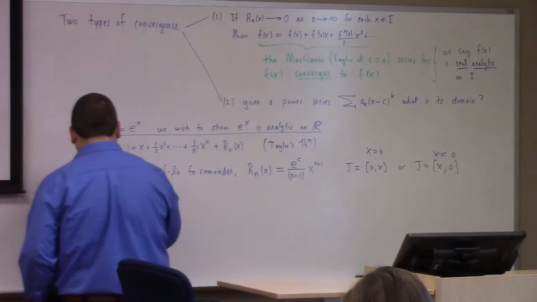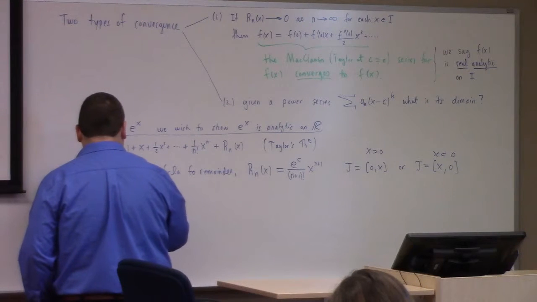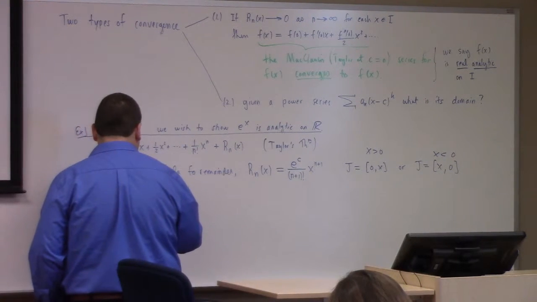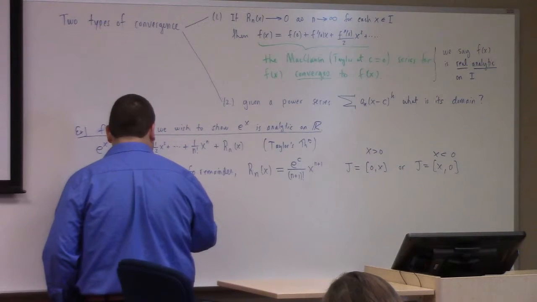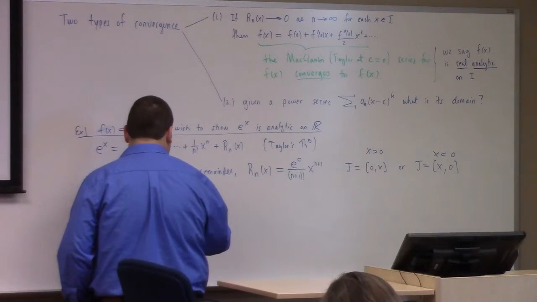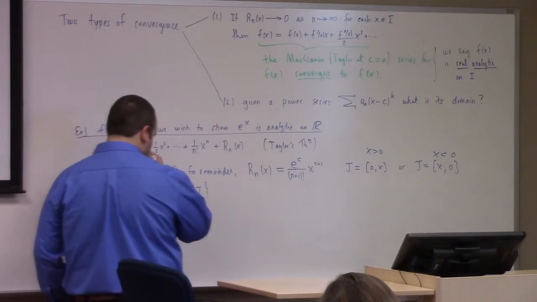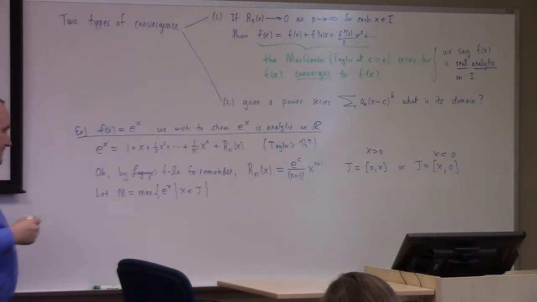He says let m be the maximum of e to the x, such that x is an element of J. What is it?